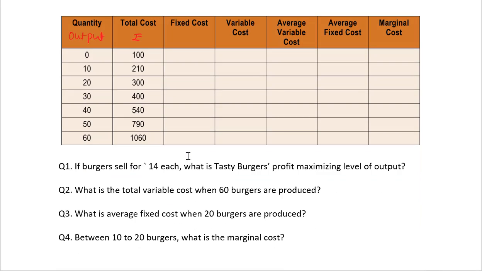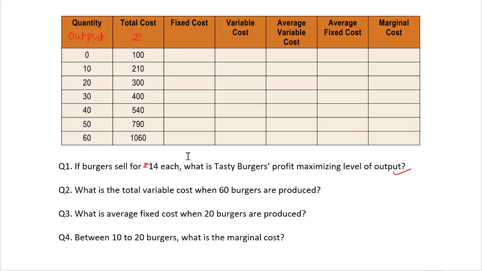Question 1. If a burger sells for 14 rupees each, what is Tasty Burger's profit maximizing level of output? Question 2.